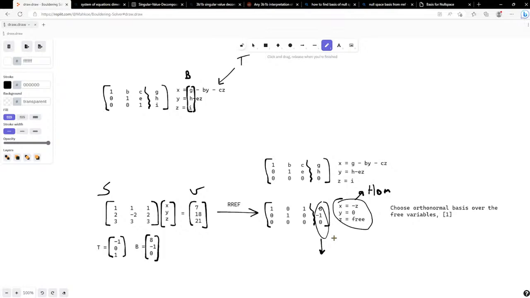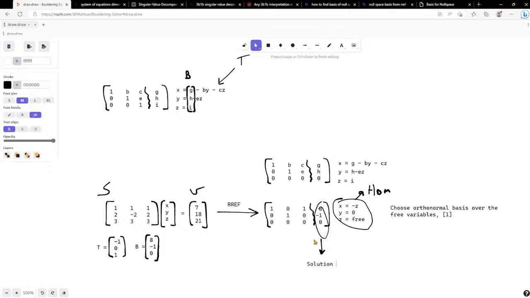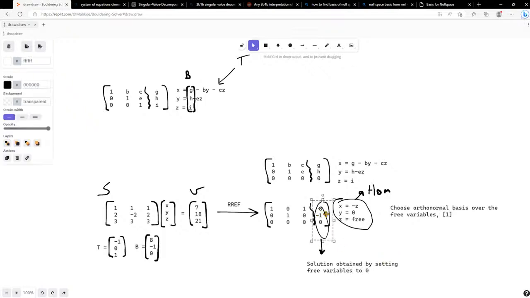It's a solution because you do get a unique solution. So there's one free variable and two determined variables, so it's just a solution obtained by setting free variables to 0.